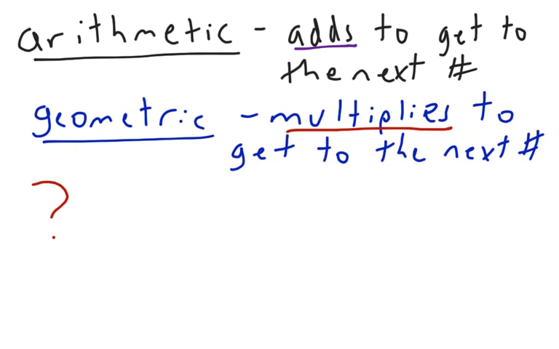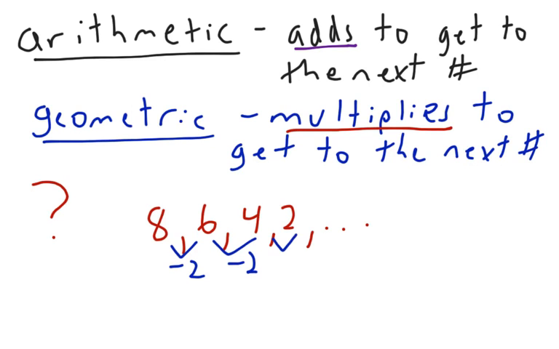So which sequence would this one be? If you had 8, 6, 4, 2. What are you doing to get to the next term? That's right, you're subtracting 2. So since we're subtracting 2, that would fall under arithmetic because we're adding a negative 2.